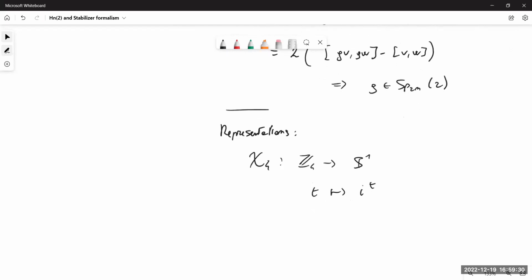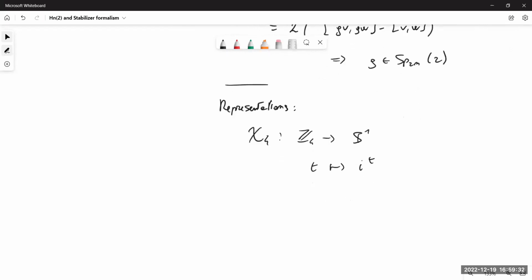Sorry if you heard some noise. It could still be useful to consider the character for the base field, defined as before, which is mapping t to -1 to the t.